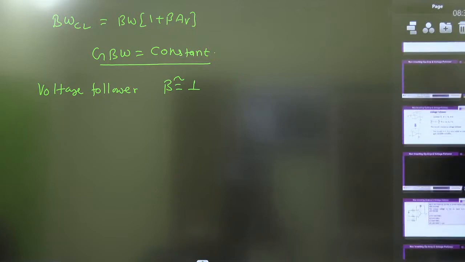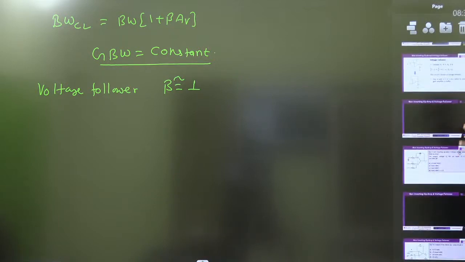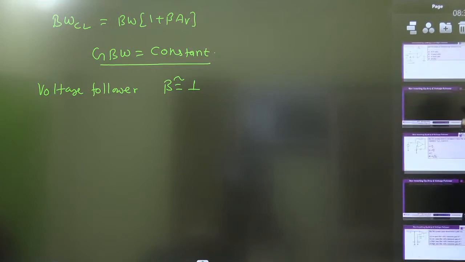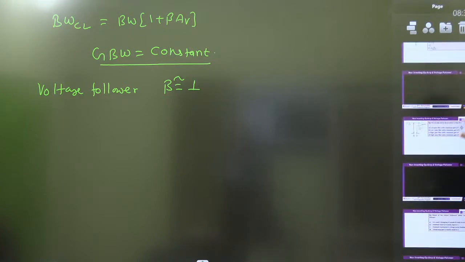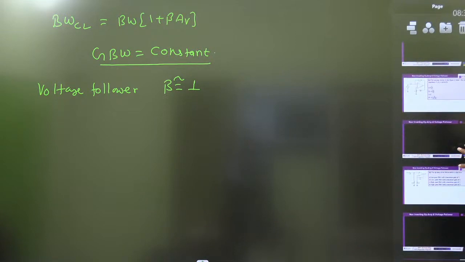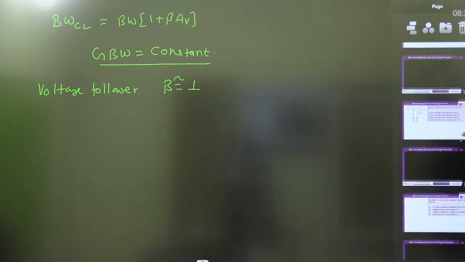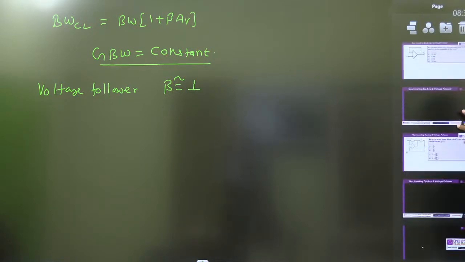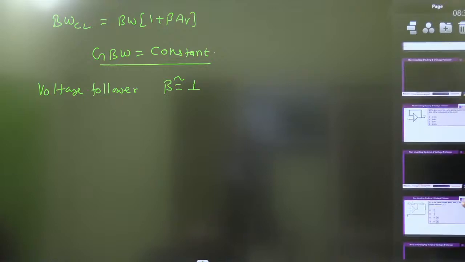Easy. Then I will give the application of the voltage follower. 1 minute.